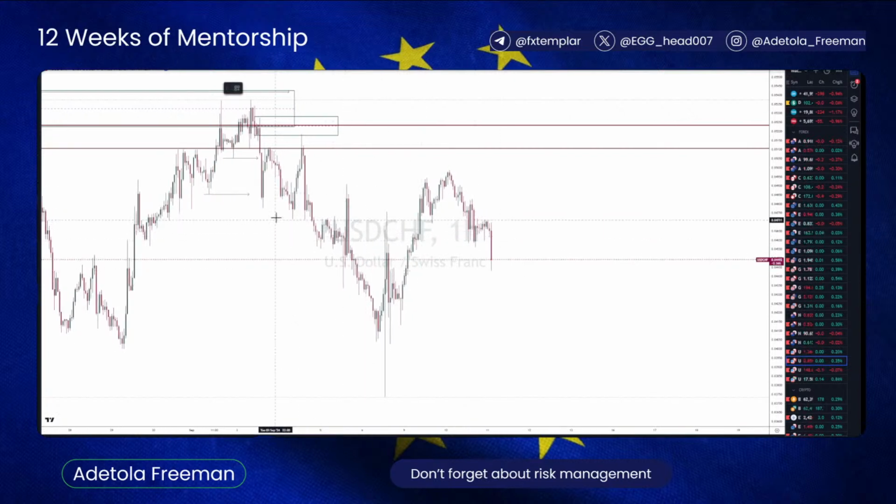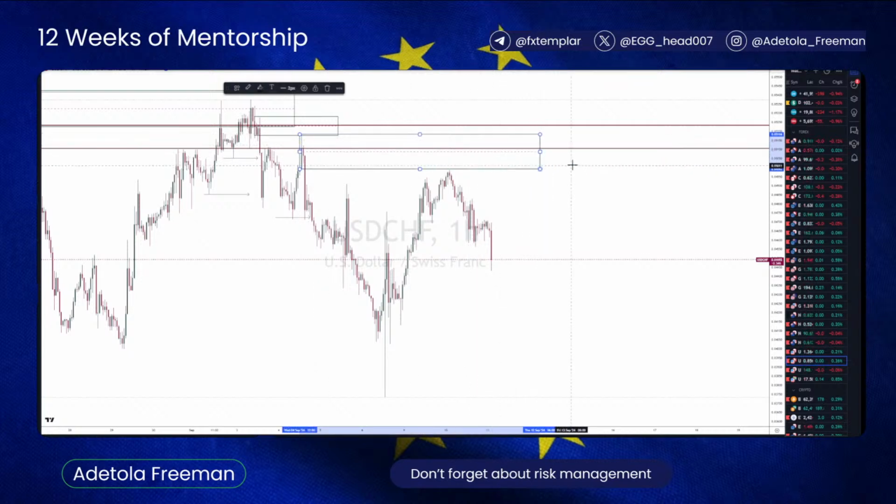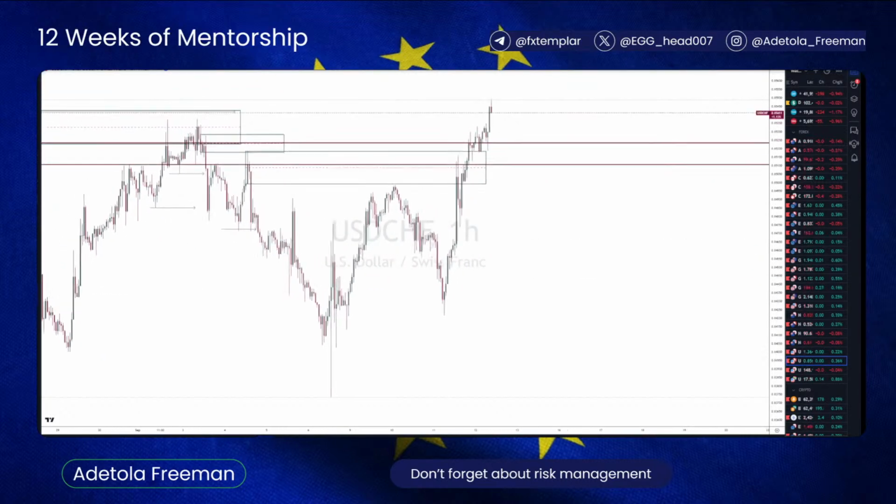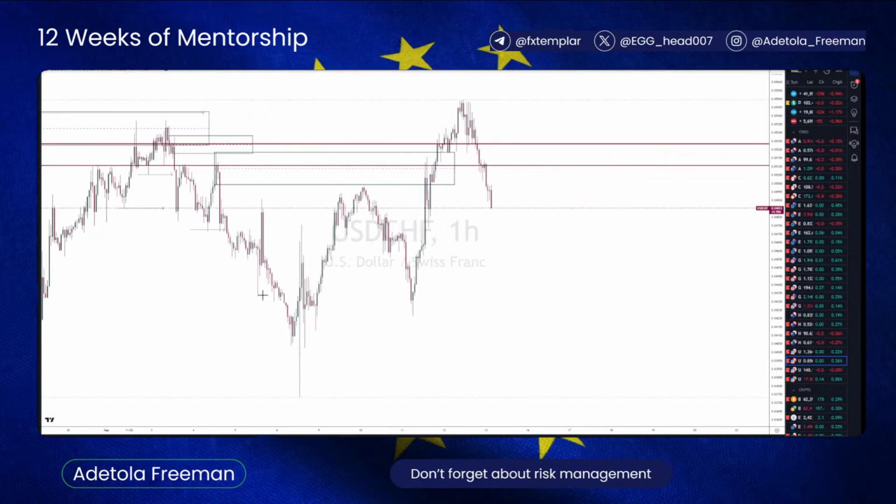Now, based on this break of structure, we should be aware that there's a supply zone here. But since that supply zone is a bit big, we might be targeting the 50% of that supply zone, of that other block. All right, that was invalidated.